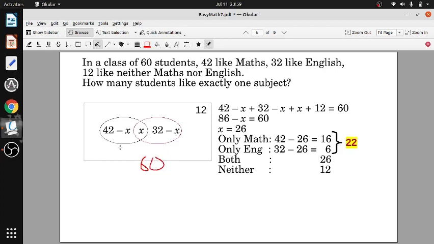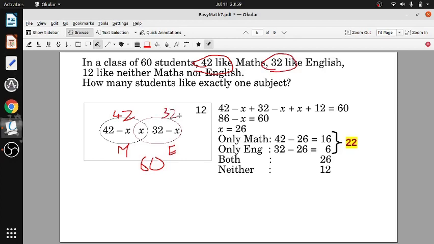The first circle is students liking mathematics, which is 42. The second circle is English, the students liking English, which is 32.